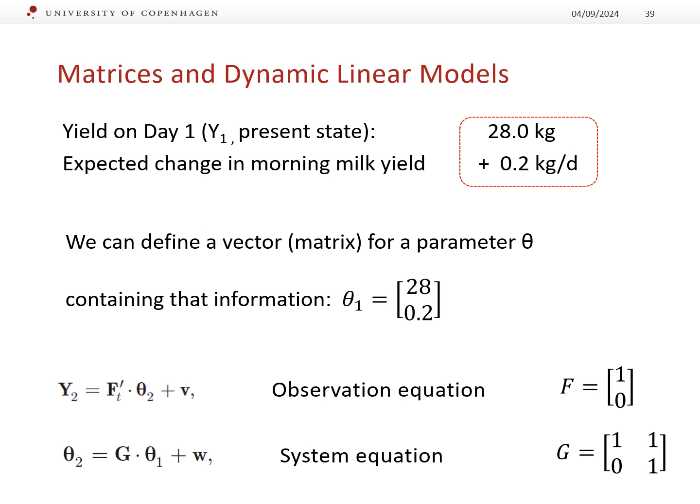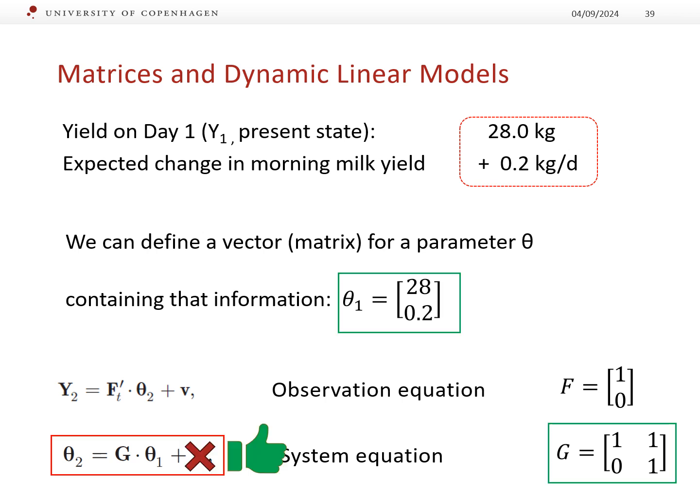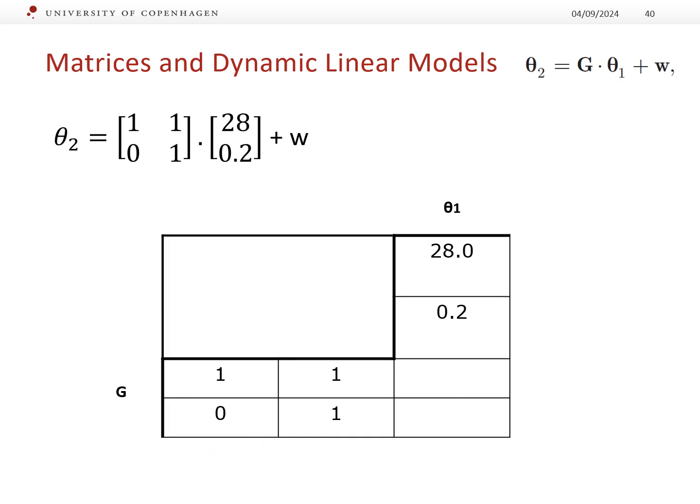On the other hand, for the system equation, we need the system matrix G, theta 1, and W. And considering that we chose to ignore W, we actually have everything we need for this one, and then we estimate theta 2 to use it on the observation equation.